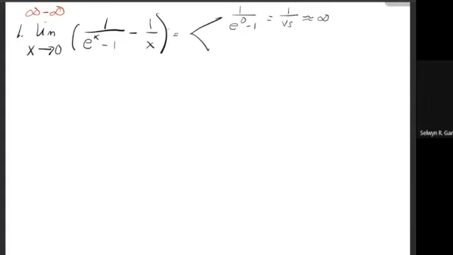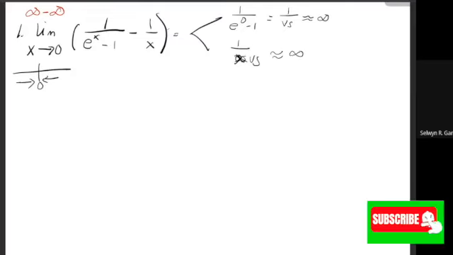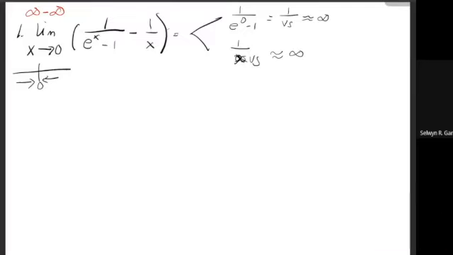And for the second term, you have 1 over 0, or not really 0, since we have no divisor that is 0, but again, it approaches 0, either from the positive side or from the negative side. But this value gets very, very small. So again, 1 divided by a very, very small value approaches infinity. Becomes very huge. So this is definitely infinity minus infinity.